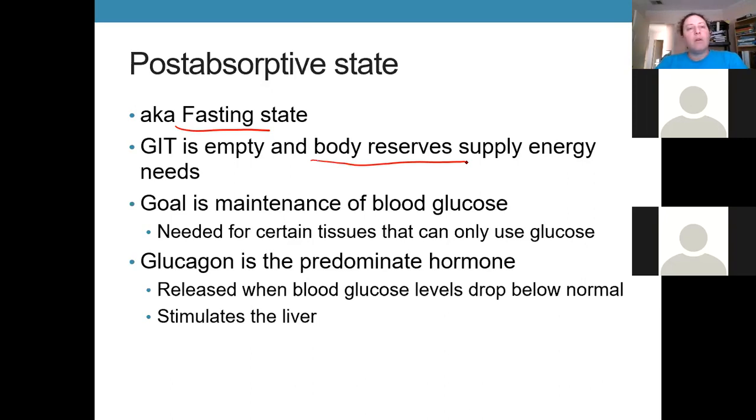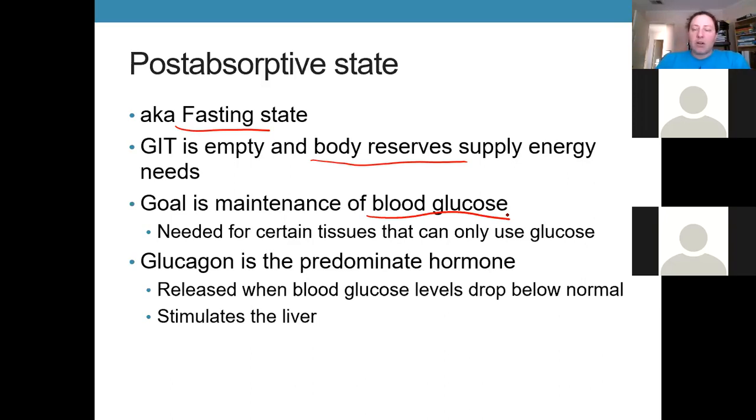The main goal in the post-absorptive state is maintaining a normal blood glucose level. And that's because there are some tissues that can only use glucose, and they need a steady level of glucose in the blood in order to ensure that it's continuing to diffuse into those cells.